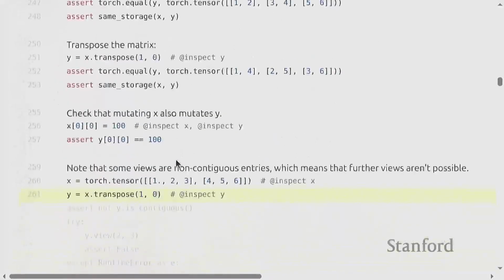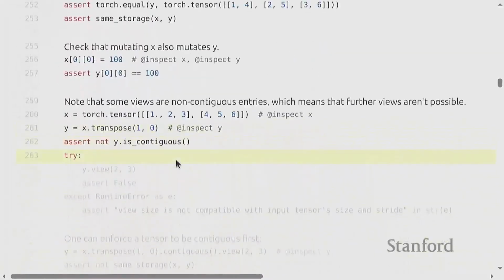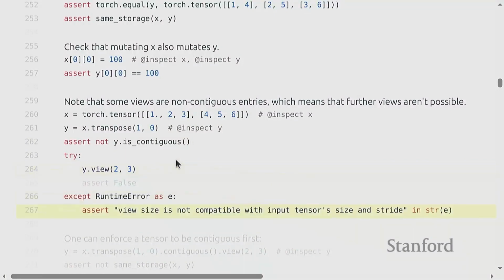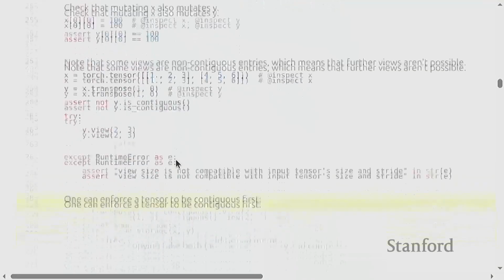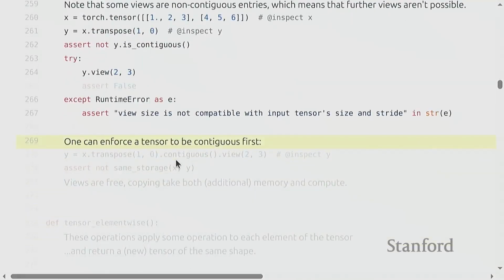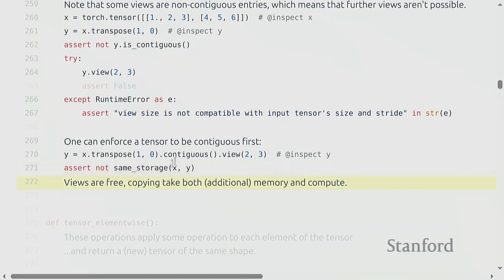And if you have a non-contiguous tensor, then if you try to further view it in a different way, this is not going to work. In some cases, you can make it contiguous first, and then you can apply whatever viewing operation you want to it. And in this case, x and y do not have the same storage because contiguous makes a copy.